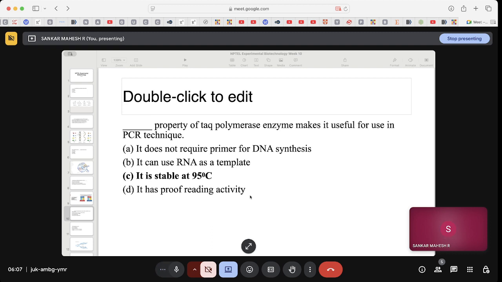That is, whether a purine or pyrimidine has been incorporated rightly. So, although this is right, at least in the commercially available Taq polymerases, the feature that makes it helpful for us is its stability at 95 degrees Celsius.